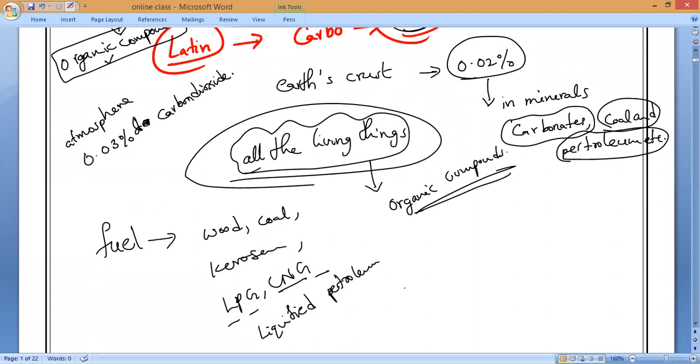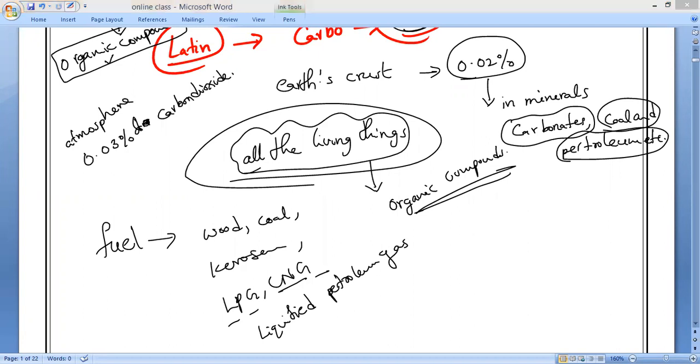Whatever we use for cooking food and for running vehicles is carbon compounds only. Paper, rubber, plastic, leather, drugs, dyes, everything is also made up of carbon compounds. Carbon is one of the major constituents of all these.